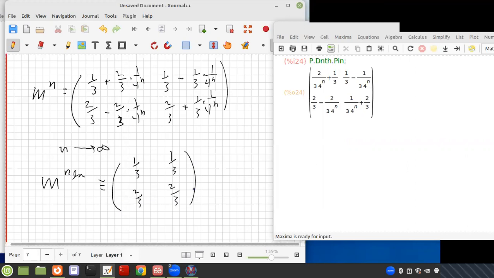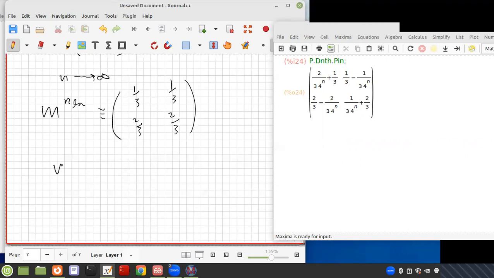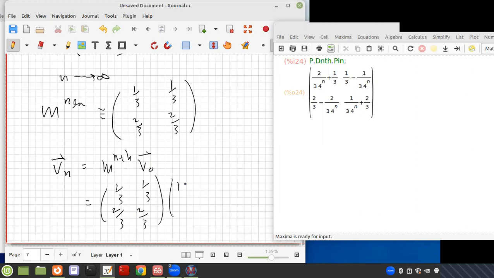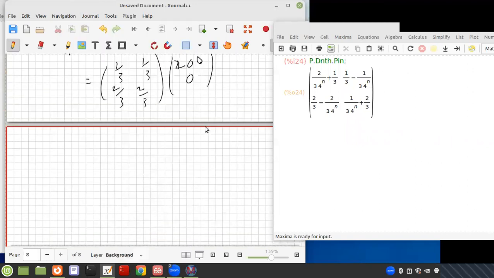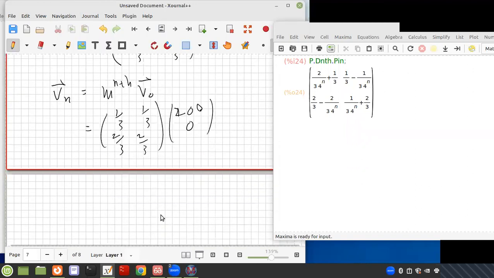Okay? Now, what that means is that v to the n, the large state limit, is going to be m to the nth times v0, which equals 1/3, 1/3, 2/3, 2/3 times, say, 200, 0. We start with 200 people. Then we can just do this by hand, more or less.